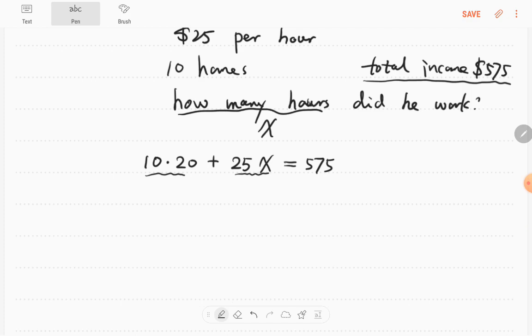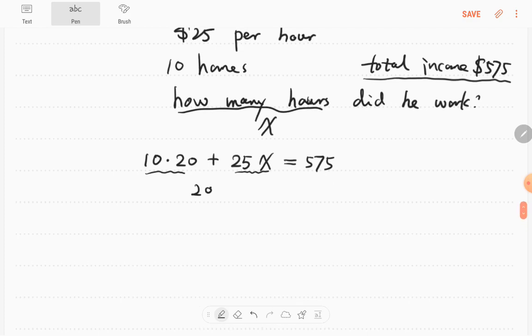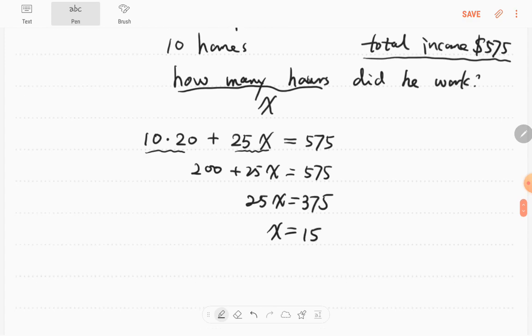After we list our equation, we only need to solve it, right?